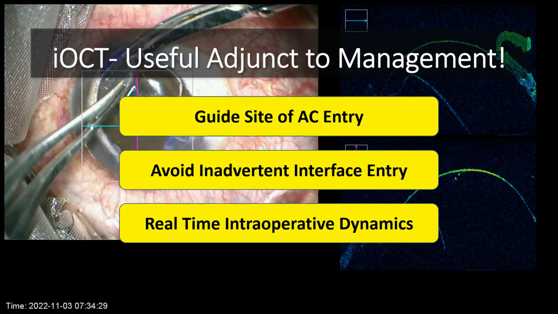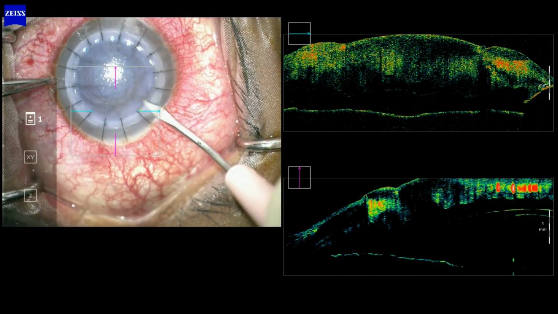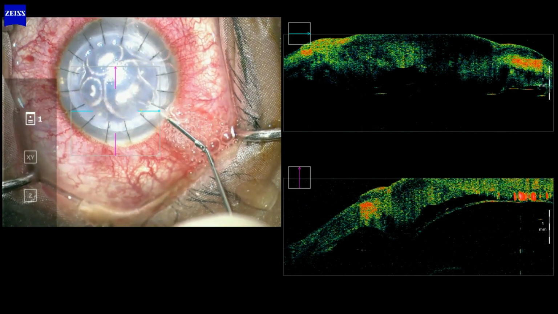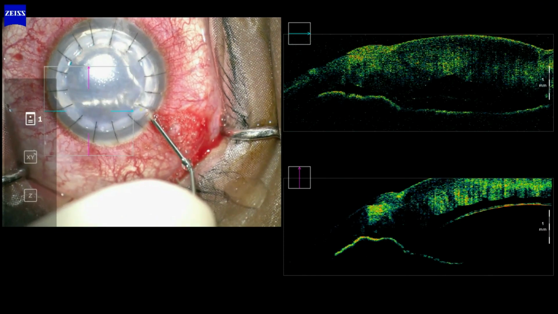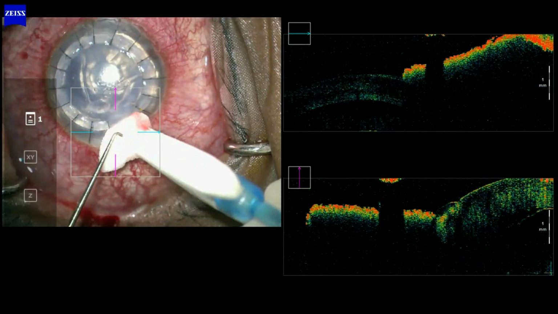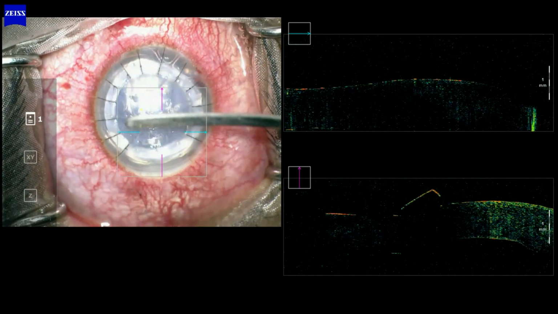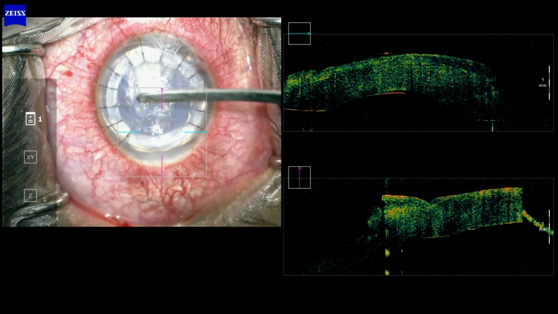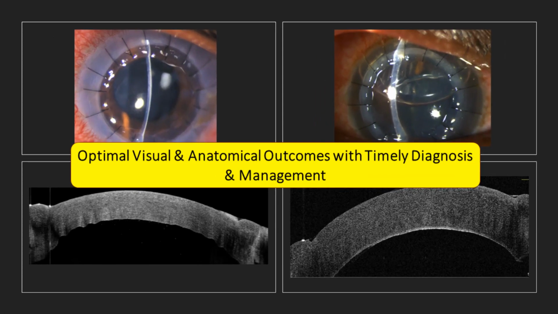Intraoperative OCT is a useful adjunct in management as it helps guide the site of entry into AC, helps avoid inadvertent interface entry, helps observe real-time dynamics during surgical maneuvers, and ensures complete graft apposition at the end of surgery. Optimal visual and anatomical outcomes may be achieved with timely diagnosis and management.